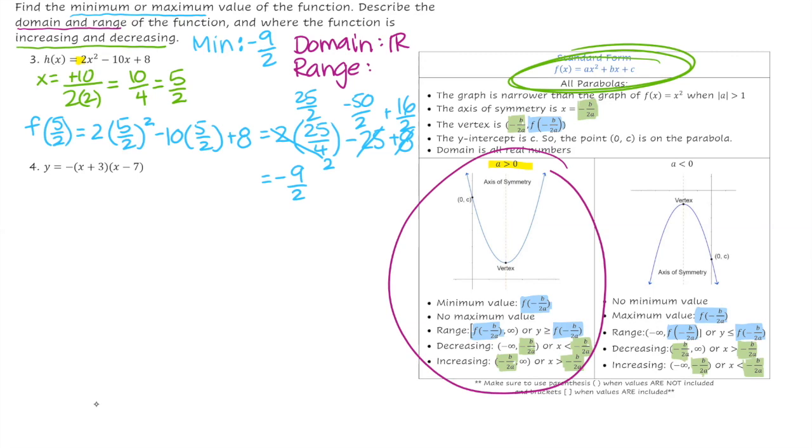So the range, you can write it in two different ways. You can either write it as an interval, or you can do it as an inequality. So I think I'm going to do an inequality right now, where y is greater than or equal to, it's everything above this point here. And the y value of that point was your negative 9/2. So it's everything greater than or equal to negative 9/2.